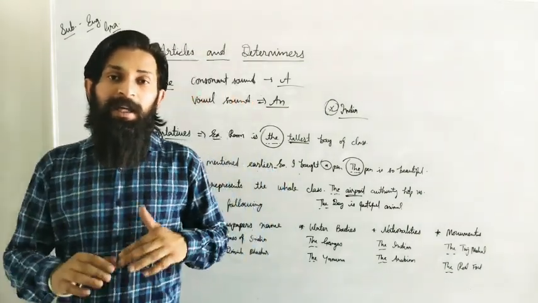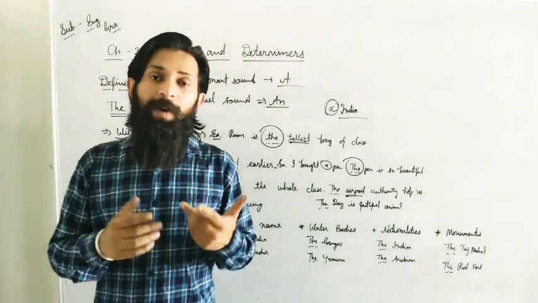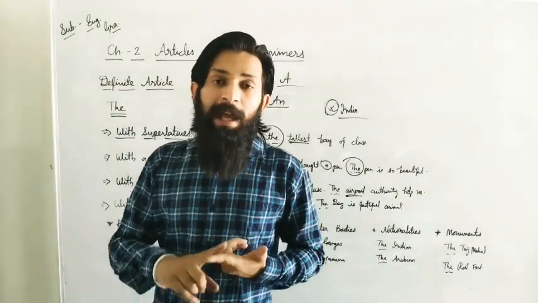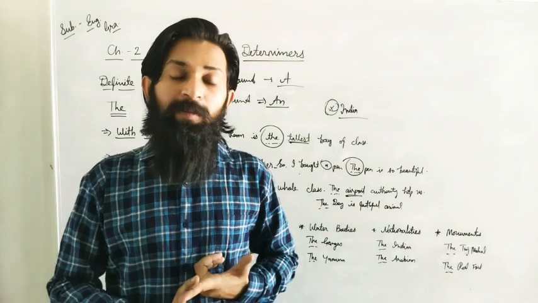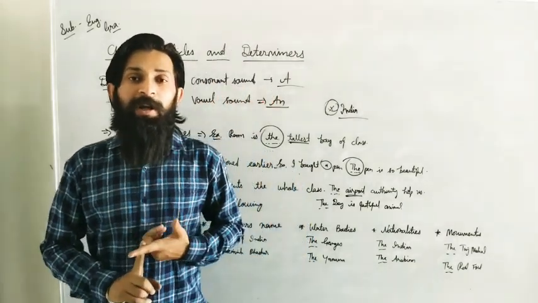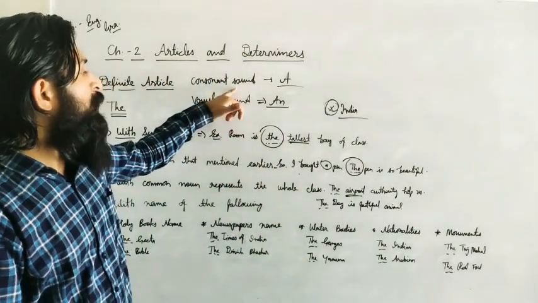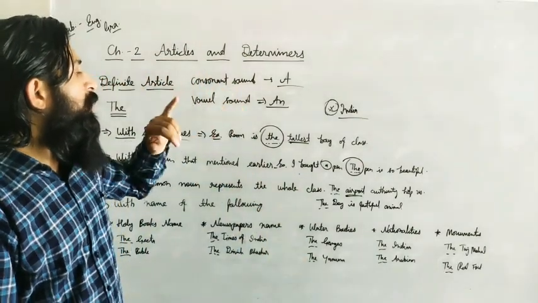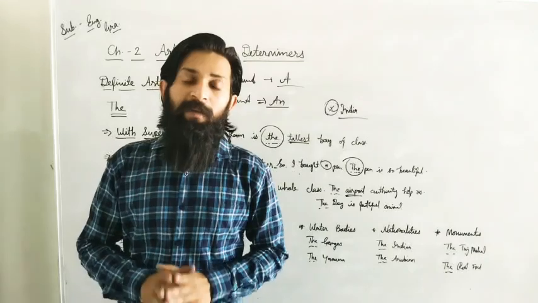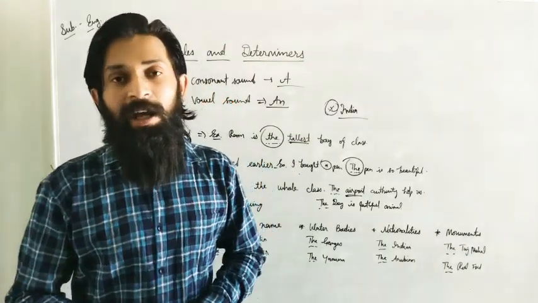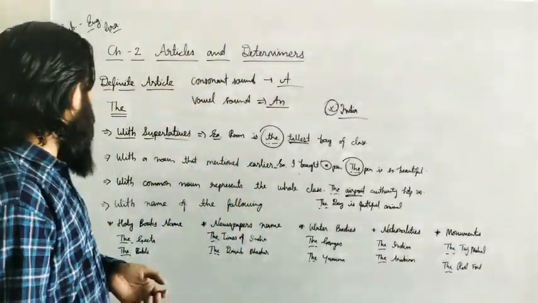The indefinite article is again divided into two parts, a and an. A and an are both used before a singular countable noun. A is used with a consonant sound, and an is used with a vowel sound. In the definite article class there is only one article, whose name is the.